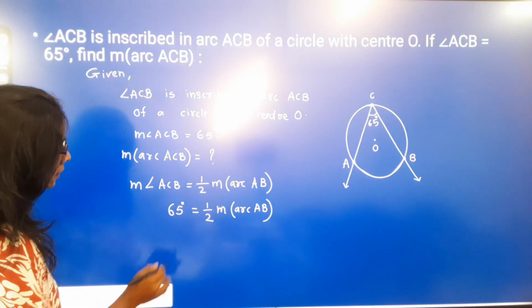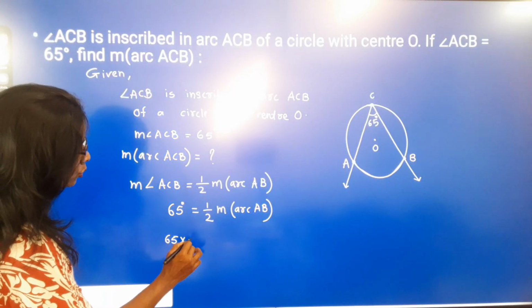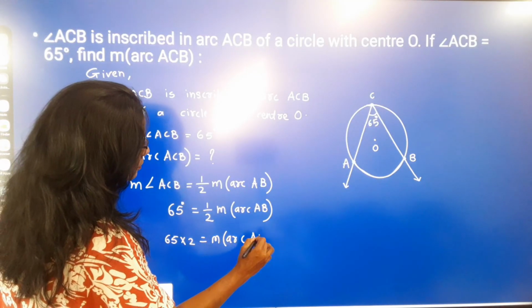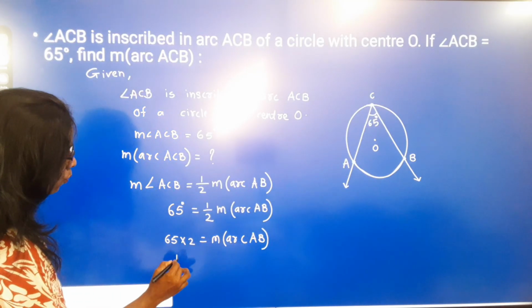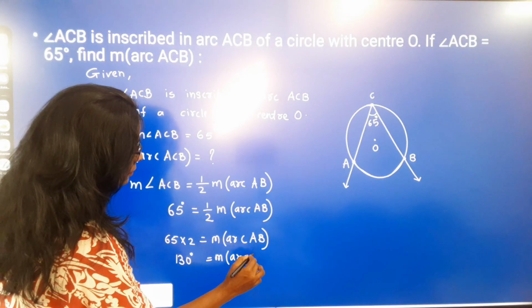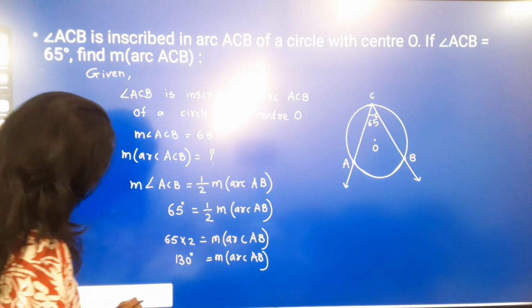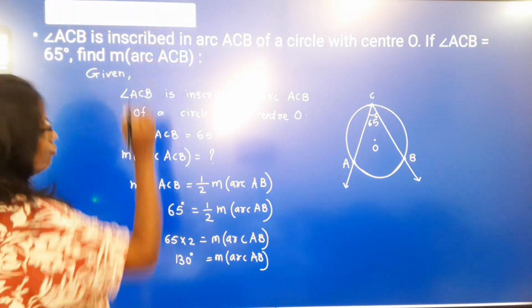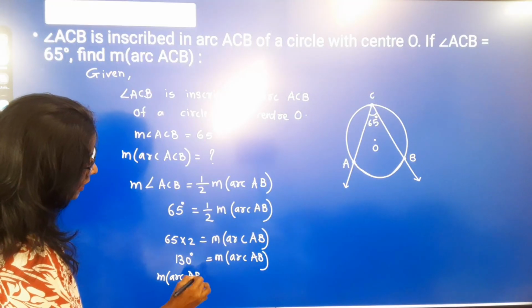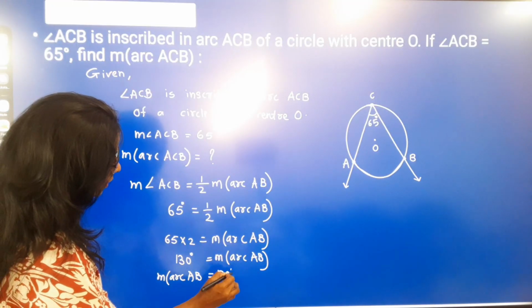Then here 65 multiplied by 2 is equal to arc AB. Then here 130 degree is equal to arc AB. So that means here students we write arc AB is equal to 130 degree.